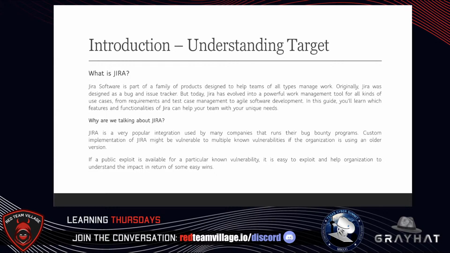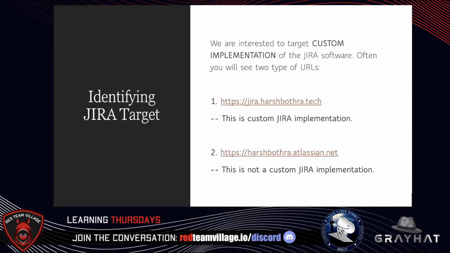With limited effort you can obviously find some impactful findings, right? So this always helps you to have a quick and easy win. So this is why we are talking about JIRA, and this is why JIRA is one of the interesting attack vectors for us that we are going to look at now.